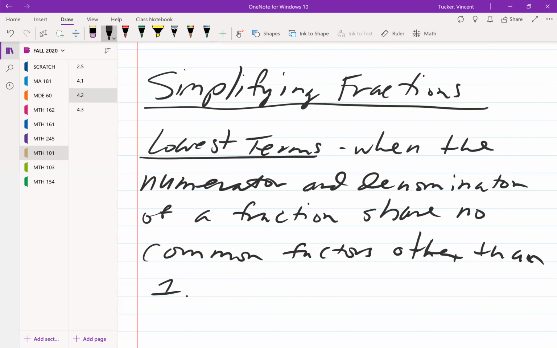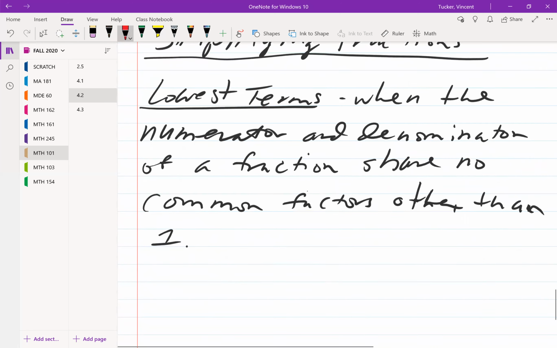When your fraction is considered in lowest terms, that means that the numerator and the denominator of the fraction do not share any common factors other than 1.